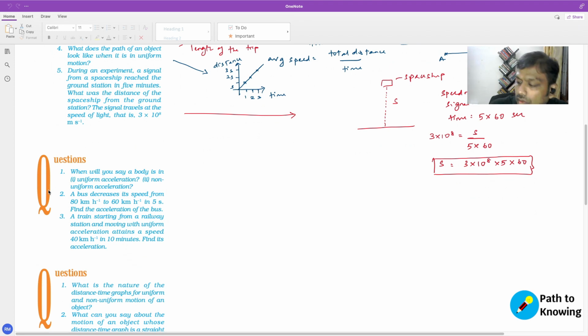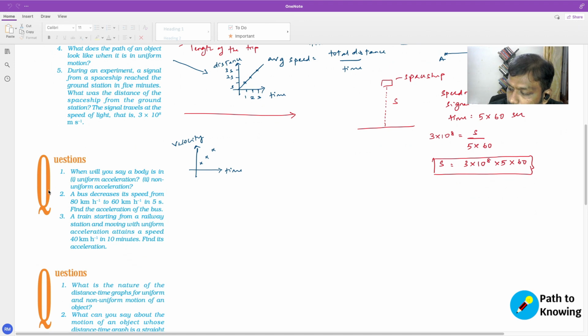If you plot this behavior on a velocity-time graph for a body in uniform acceleration, with velocity here and time here, we know that its velocity will always increase by a certain constant number.